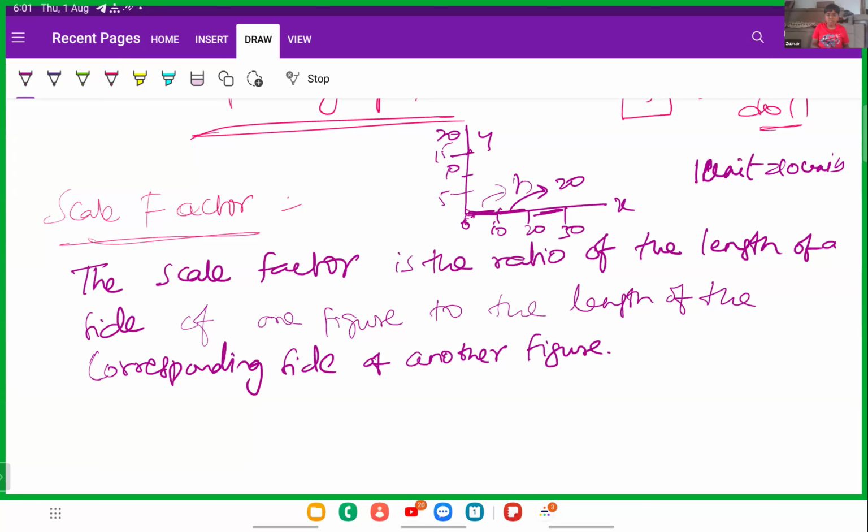So any confusion here, students? Can we have two scales in one graph? Only one scale we will have.